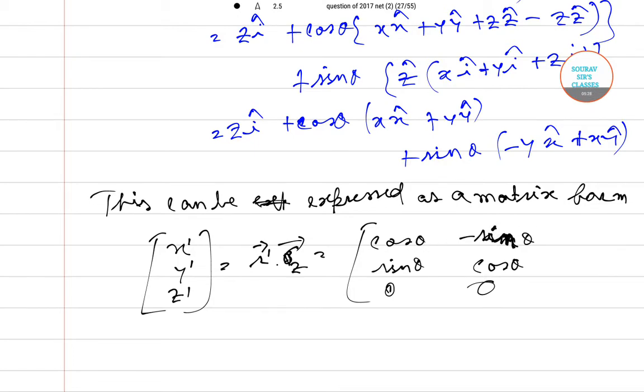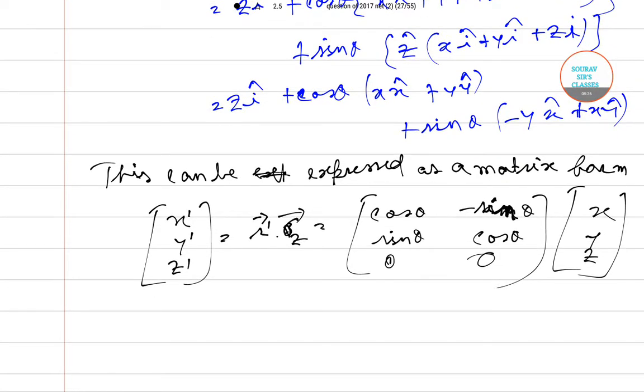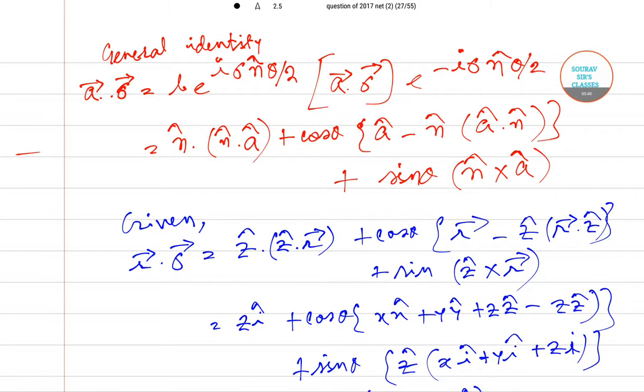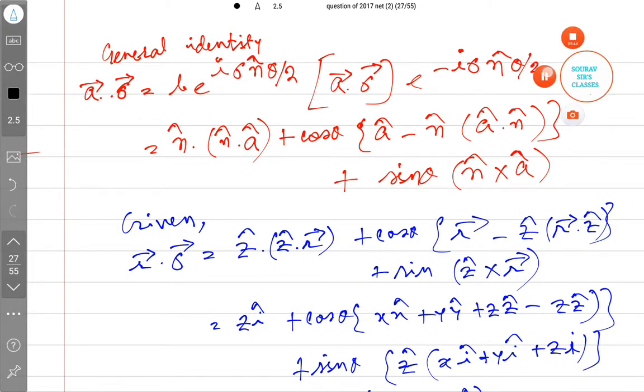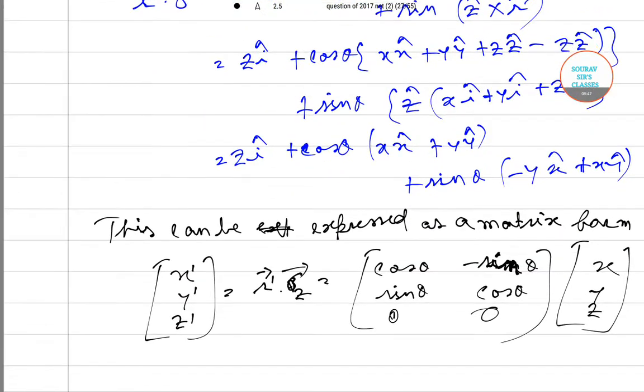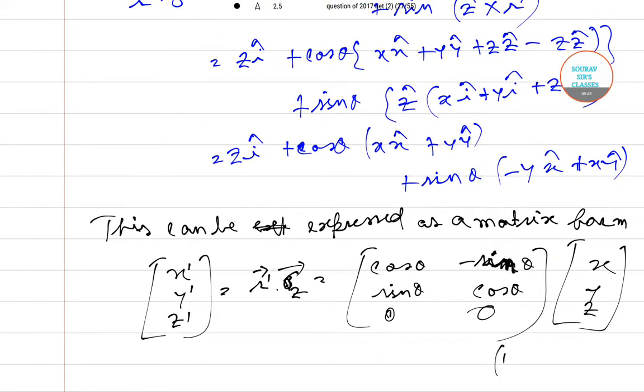We can write this as multiplied into x, y, z. So this is the correct answer for this question. So here option A is the correct option in this question.